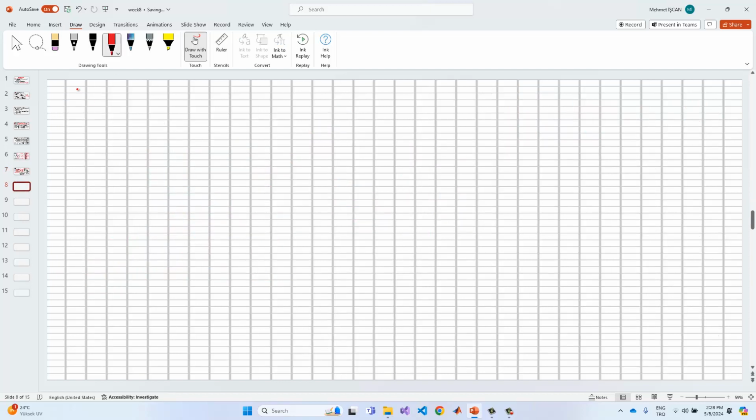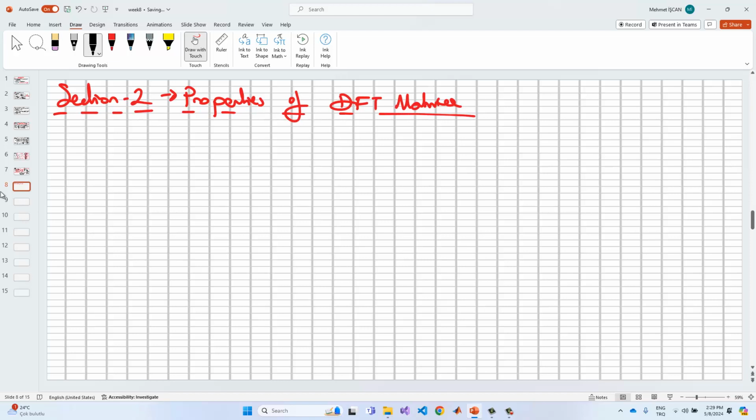What about the properties of this matrix? Firstly, this matrix W is unitary, which means that it is orthonormal.